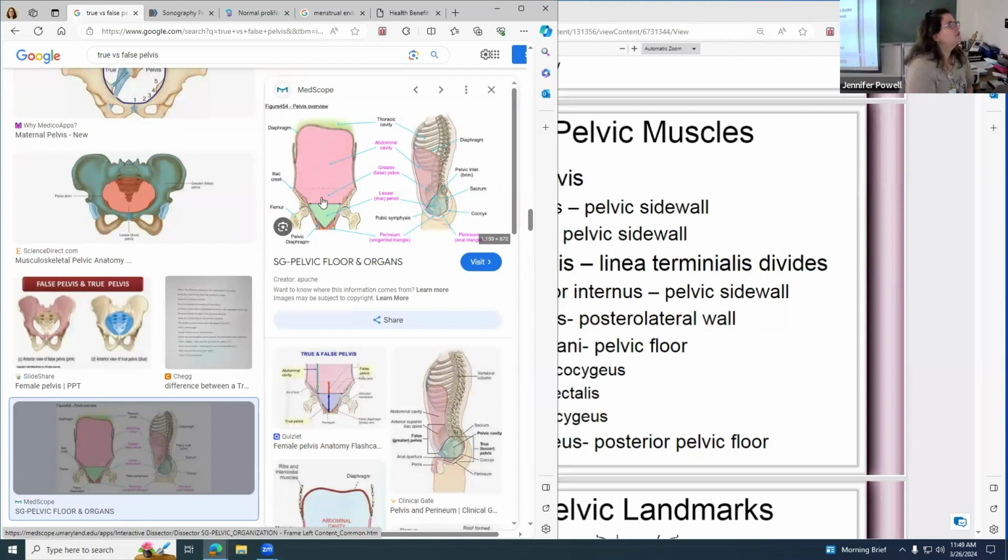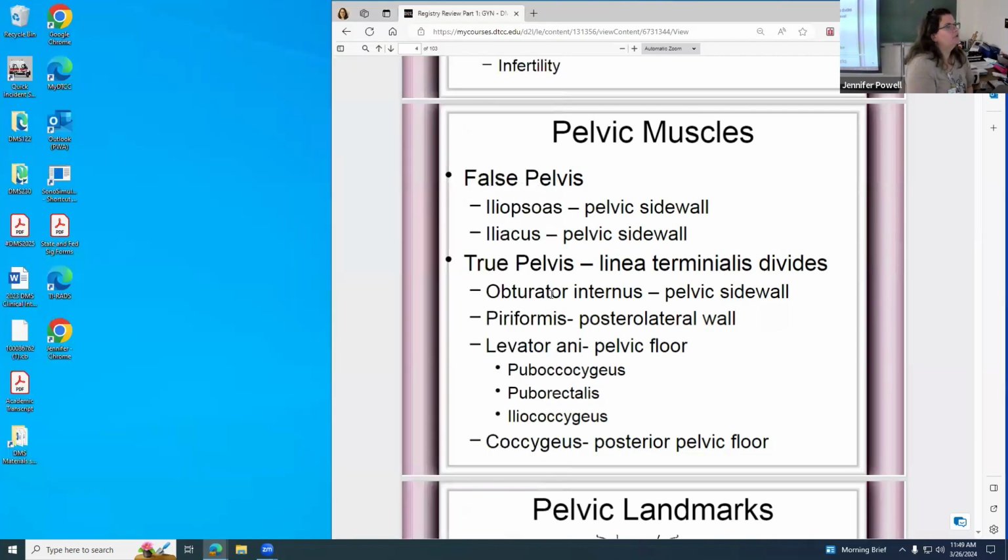The ischium, right where this bone begins. That's the false pelvis, divided by this point called the linea terminalis. So within the true pelvis, you have the obturator internus, piriformis, levator ani, which includes these three muscles, and then the coccygeus.